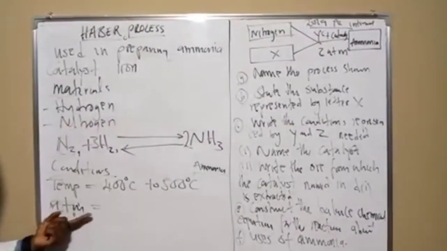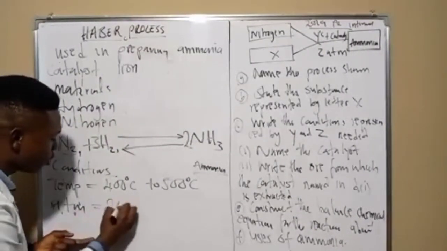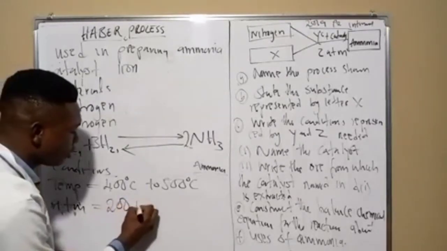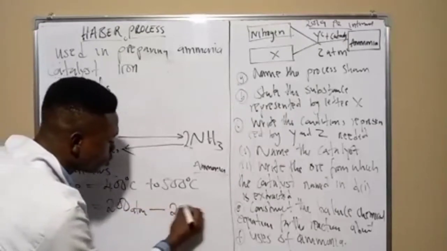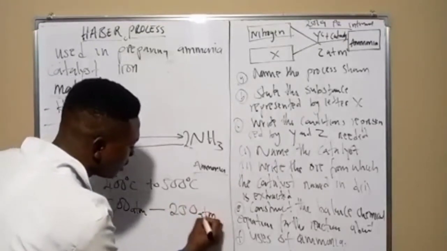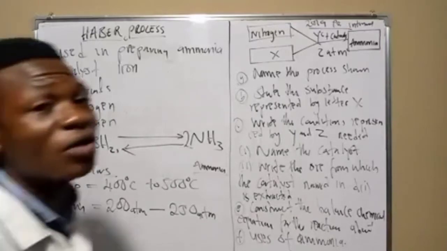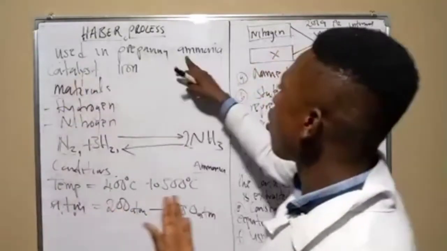The atmospheric pressure that is needed is between 200 ATM to 250 ATM. This process is called the Haber process, which is used in the preparation of ammonia.